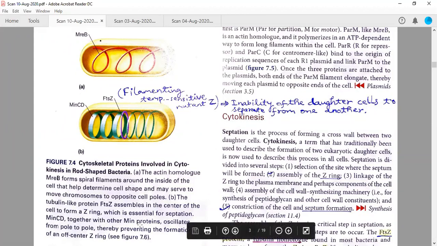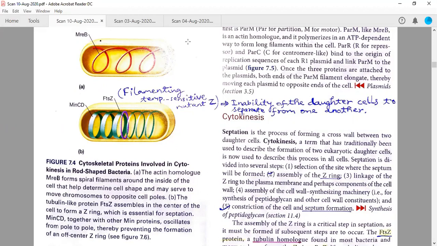So this is the answer to the first query. From pole to pole, thereby preventing the formation of an off-center Z ring. Off-center Z ring means the ring can form only in the center. It cannot form beyond, or towards the poles.